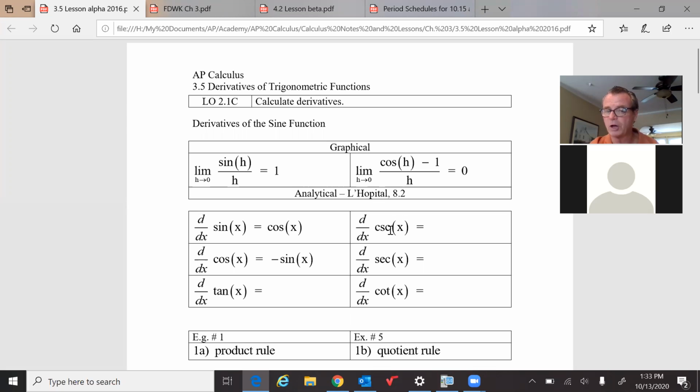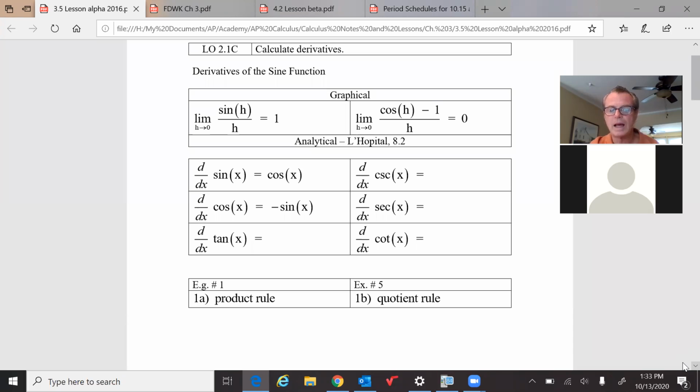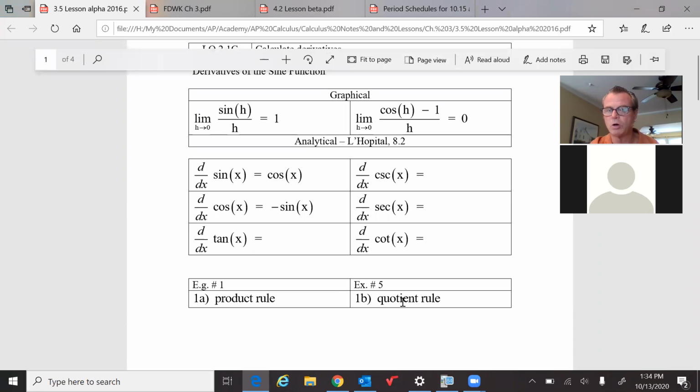So we'd say the derivative of cosecant would be equal to the derivative of 1 divided by sine. We would do that by the quotient rule. Okay? But when we do L'Hopital, we'll be able to confirm that this is correct, but we're not there yet. Okay? So example 1, A is the product rule and B is the quotient rule.